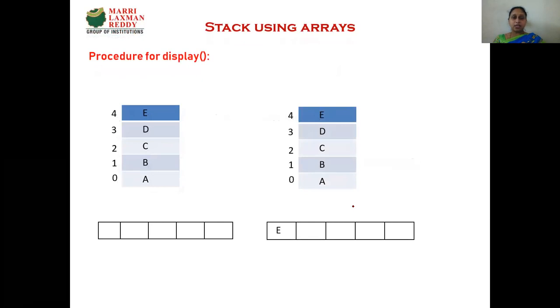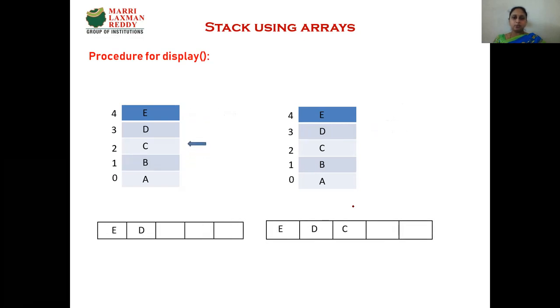And how we are going to display the elements? Here you already have 5 elements in the stack. Top is pointing to the first element in the stack. Now you are going to place the element E onto the stack. Now top will be decremented and it is going to point to the next element. In that case, you are going to place D. And the next one, top should be decremented, top equal to 2, and it is pointing to C, then we are going to print that particular element.